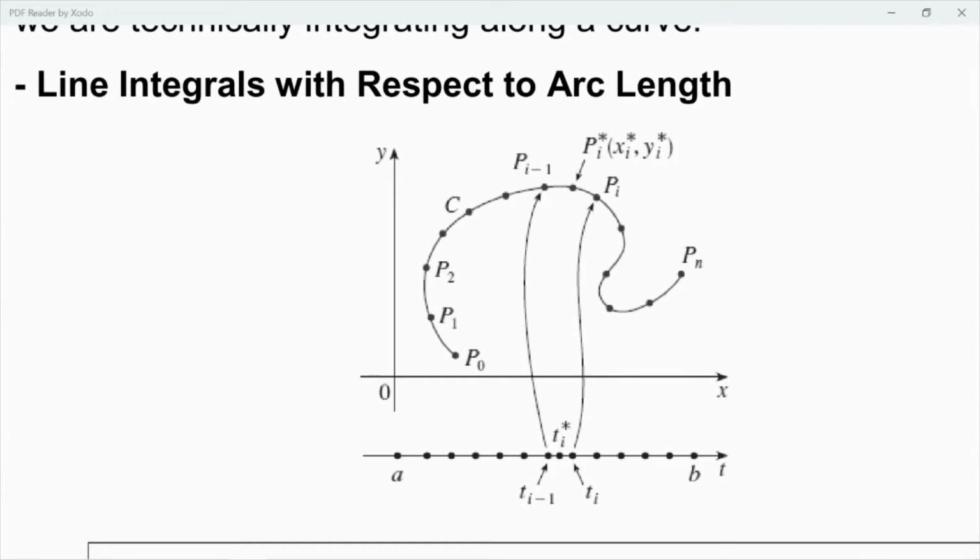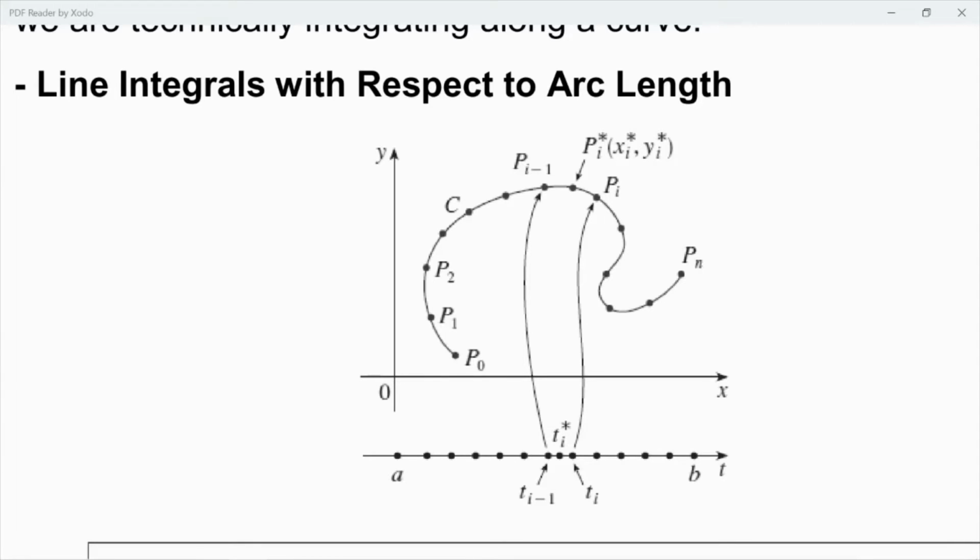So what we do now instead is we integrate along the curve, and we're going to have arc lengths as the distances that we're moving between the points. In addition to that, to start with here, we're going to integrate with respect to our parameter, typically t. When we do that, we're integrating with respect to arc length when we do the setup for this.